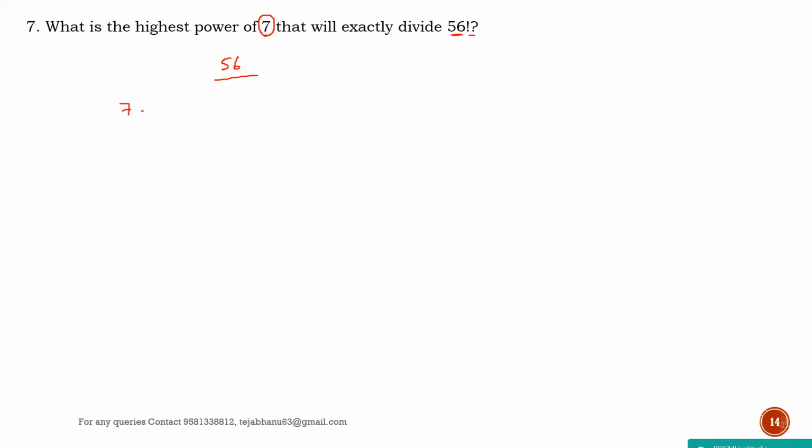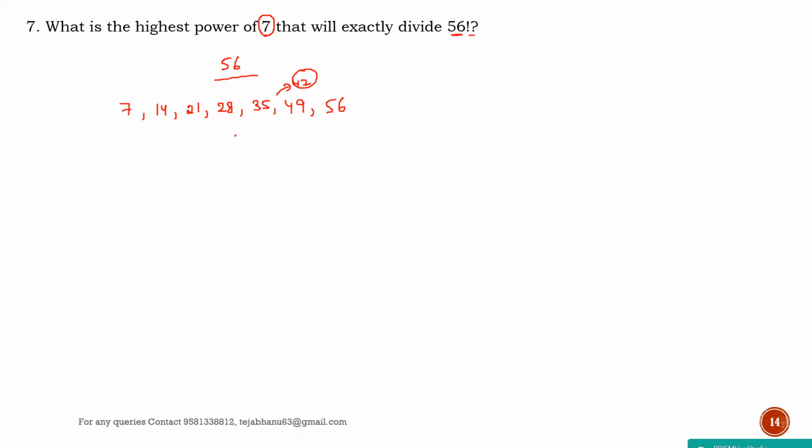That is 7, 14, 21, 28, 35, 49, 56. In between, 42 is there. These are the different numbers divisible by 7 less than or equal to 56. Right?